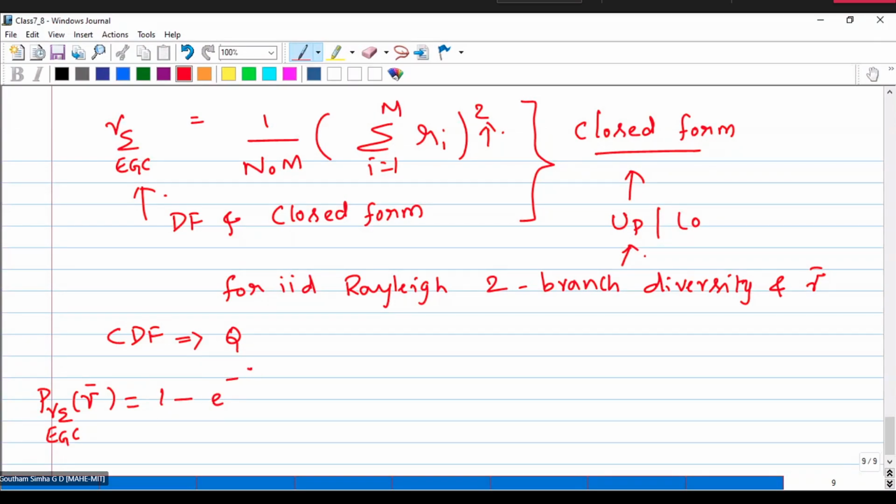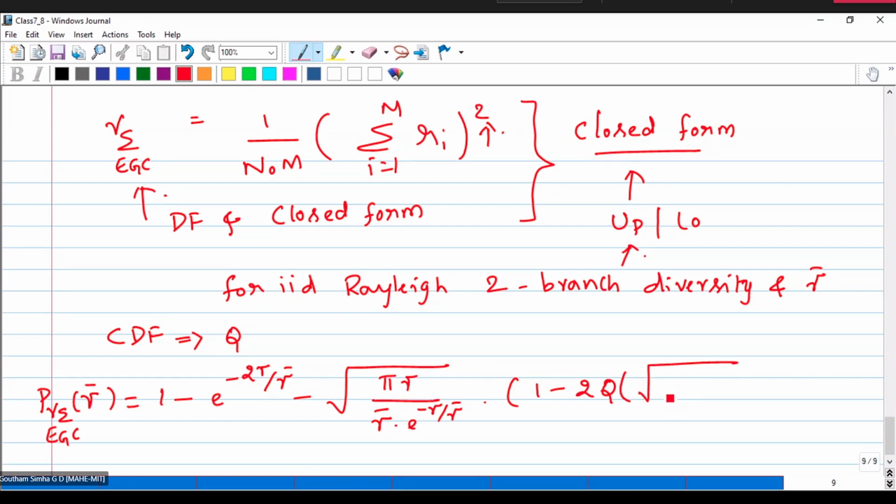e to the power of minus 2 gamma by gamma bar minus square root of pi gamma divided by gamma bar into e to the power of minus gamma by gamma bar into 1 minus 2 times Q function of square root of 2 gamma by gamma bar.